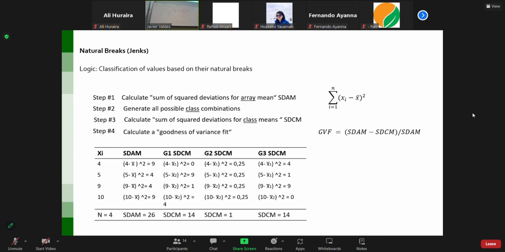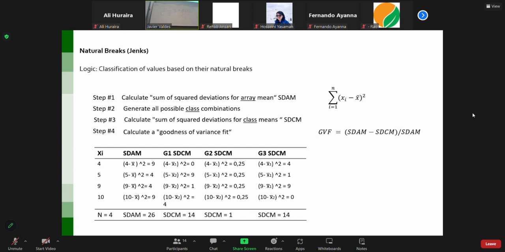Because in this one, yes, I have complete homogeneity on group number 1 because I only have one member, 4. 4 minus 4, 0. Homogeneity, perfect. But in the other group, the error is very high. Do you understand the concept?